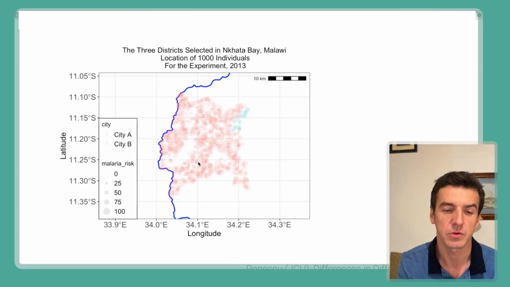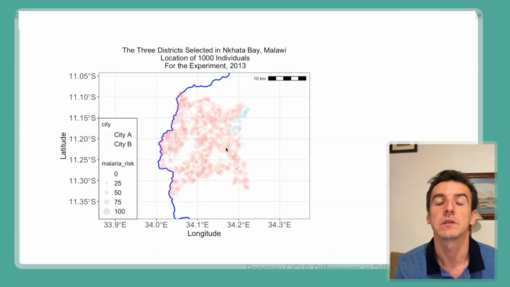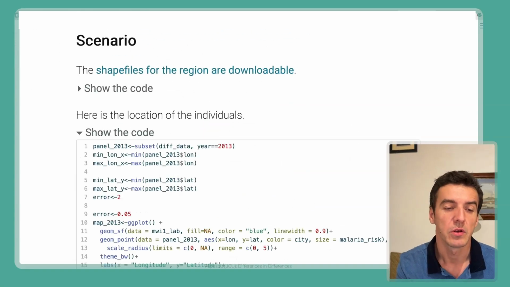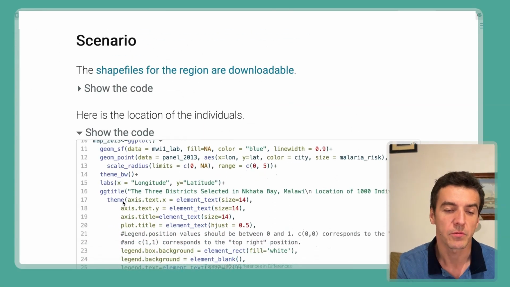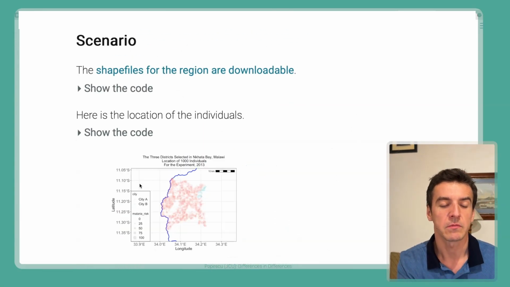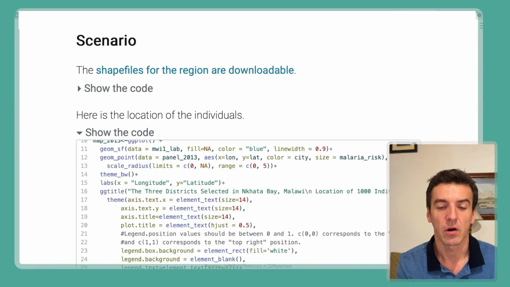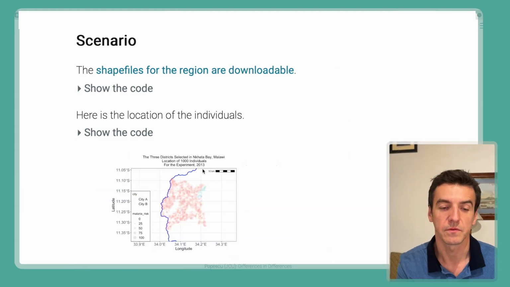What this map also shows is the risk of malaria. Circles that are bigger in diameter have a higher risk of malaria. You can see exactly the code here, how I produced this map. Hopefully just by clicking on show the code and clicking on this icon, you should be able to fully replicate this map.